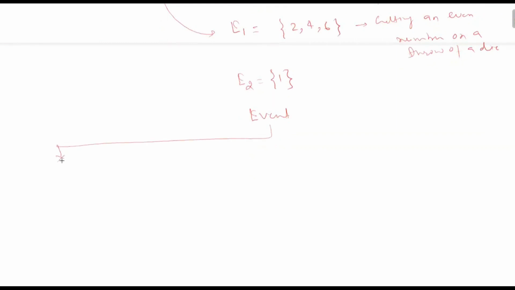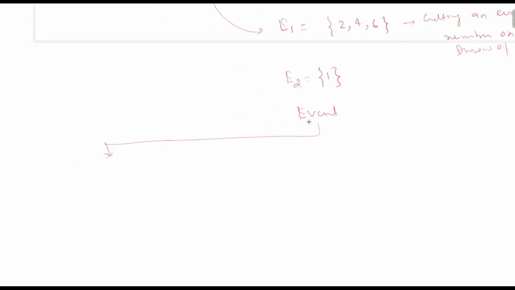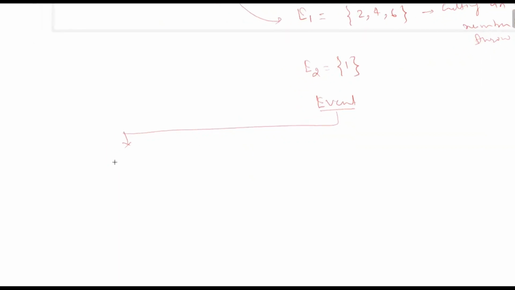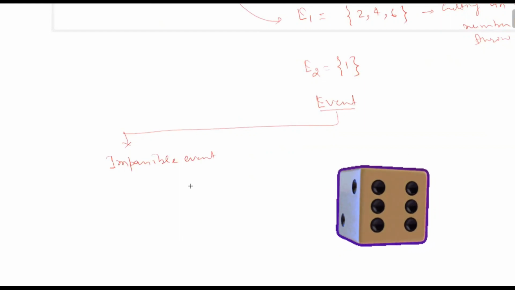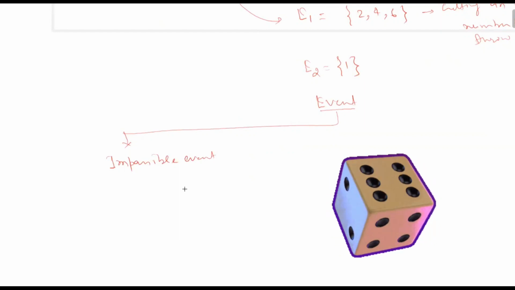We categorize events by their nature. The very first is the impossible event, and we will talk about the sure event as well. Say I throw a die and I get the number 7. That is never going to happen.